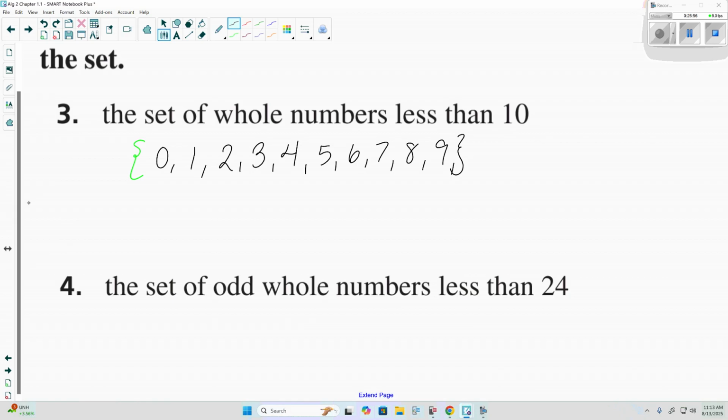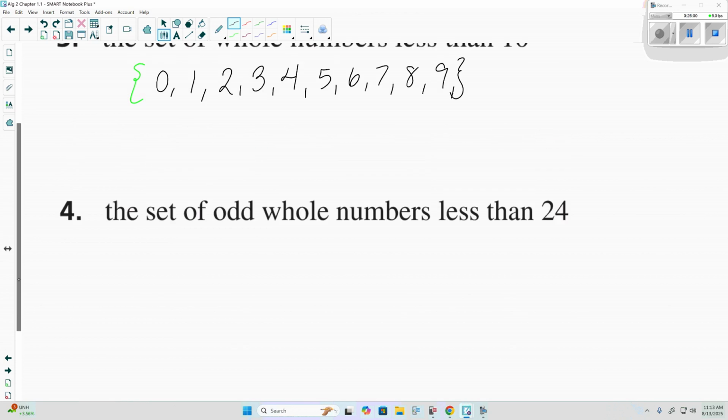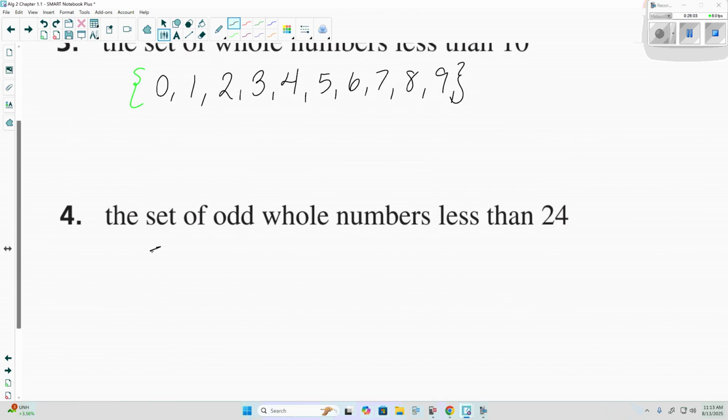All right, the set of odd whole numbers less than 24. So what would be our first odd number? 1.